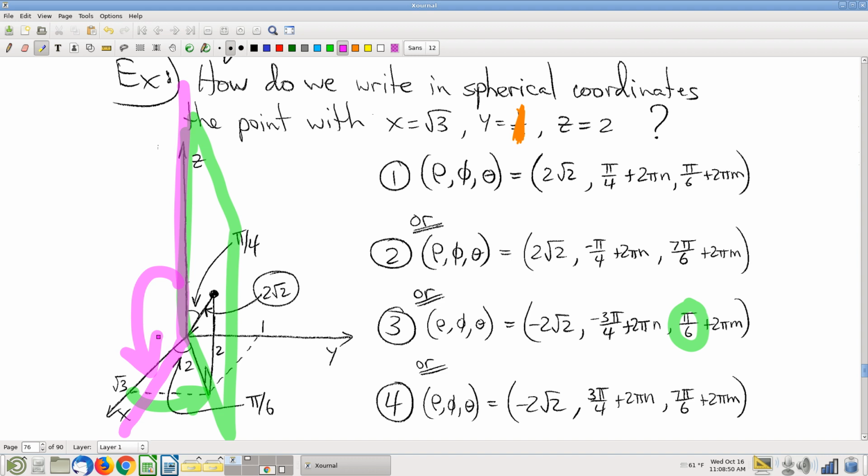If I go all the way backwards by 3 pi over 4, so thus phi is negative 3 pi over 4. Notice that gets me going in exactly the right direction, or should I say exactly the wrong direction. And thus, I can get to that same point with rho equals negative 2 root 2.